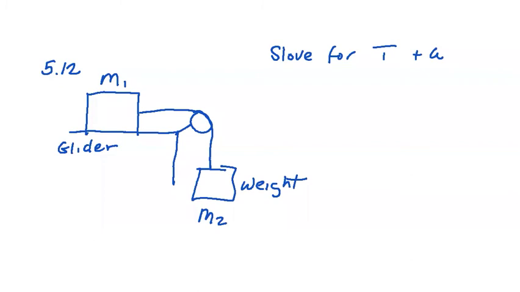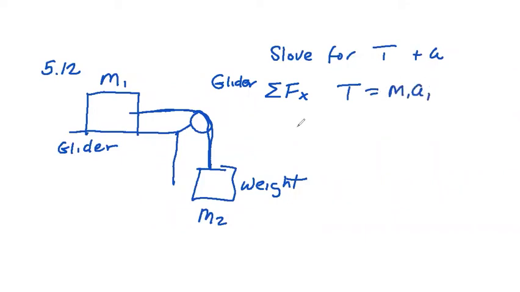All right, I'm going to make expressions for tension. It's important to realize that even though this is in the X direction and this is in the Y direction, the tension is going to be the same because it's the same string and it does not stretch. So let's do the sum of the forces in the X for the glider. We're going to get T equals M1A1.